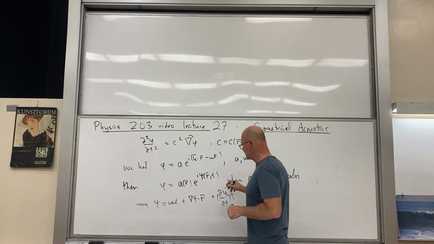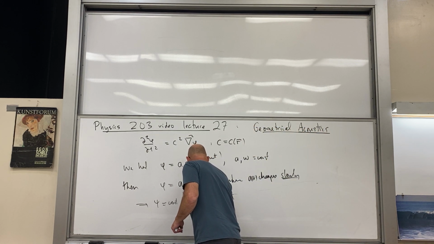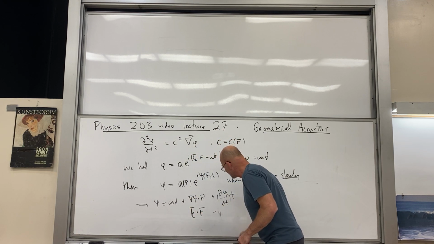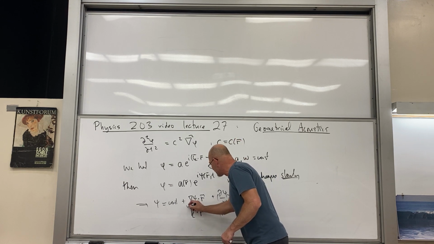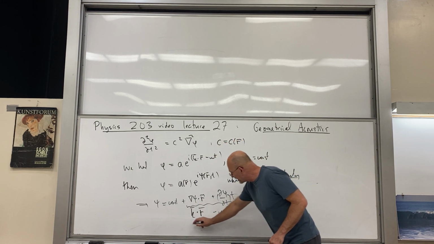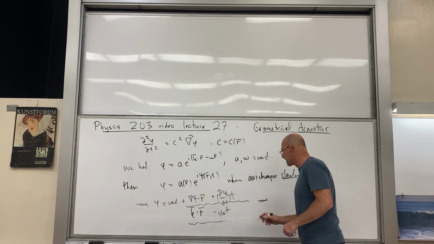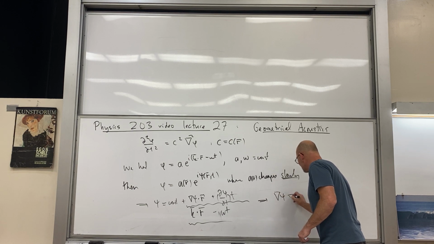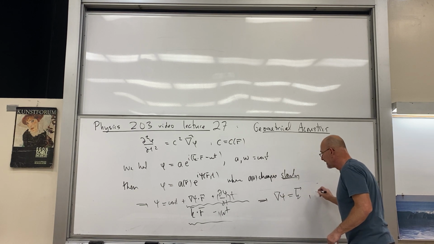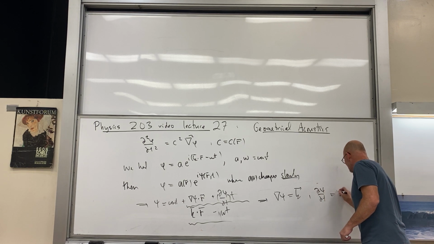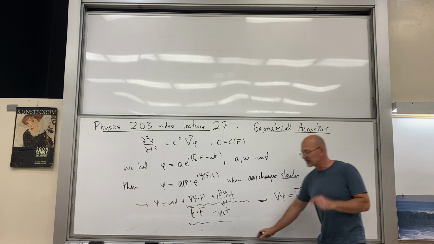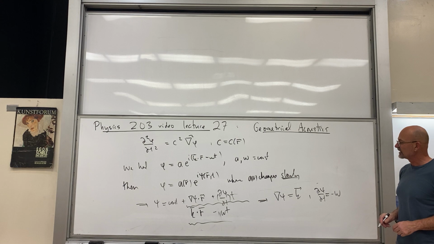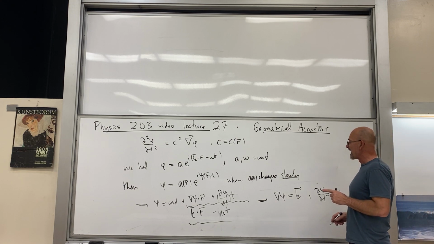And when we compare this to k dot r minus omega t, we get this: gradient c is the vector k, and dc/dt corresponds to minus omega. And that's how we get the eikonal equation.